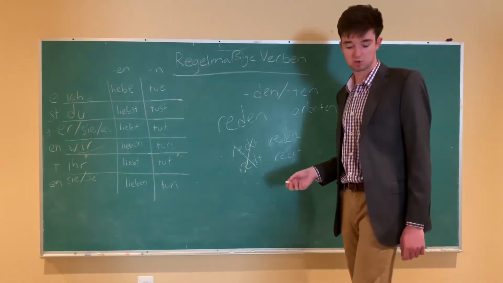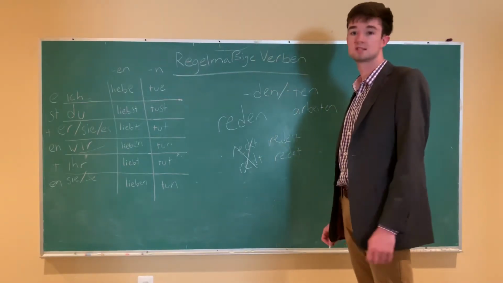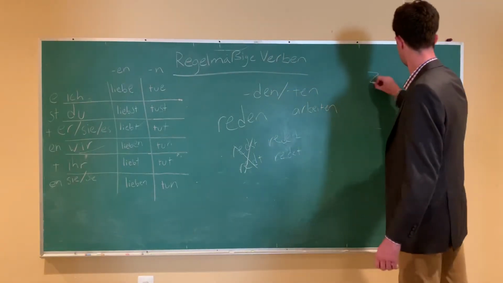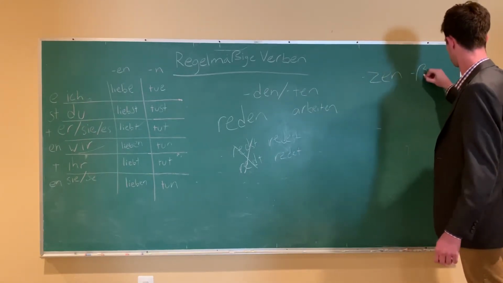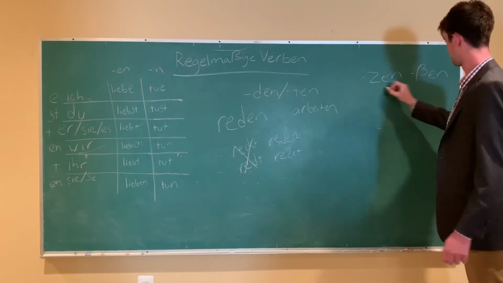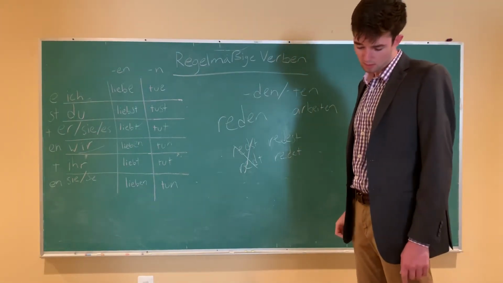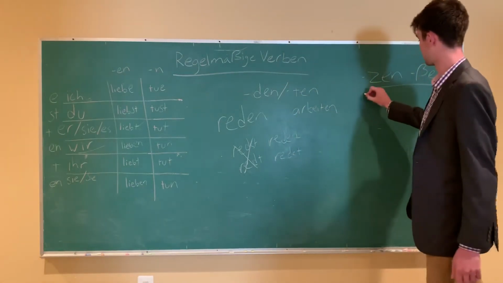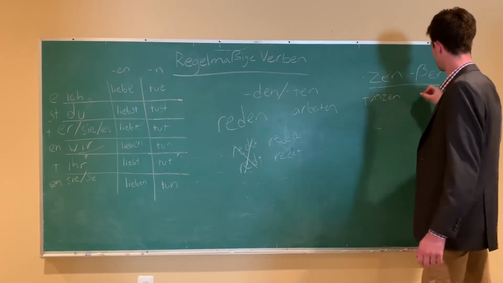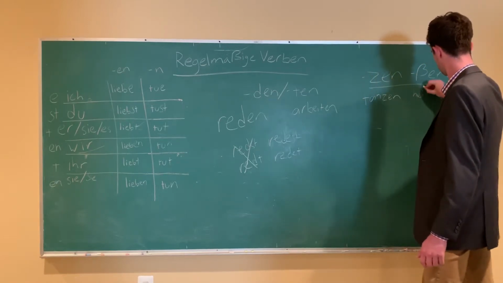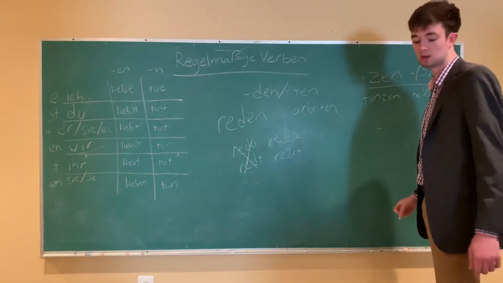So our last exception lies in the form of verbs that end in zen or ssen. So this is sort of the same principle, and two examples of that will be found in the verbs tanzen, which is to dance, and heißen, which is like to be named. A pretty common one, like ich heiße Ben.